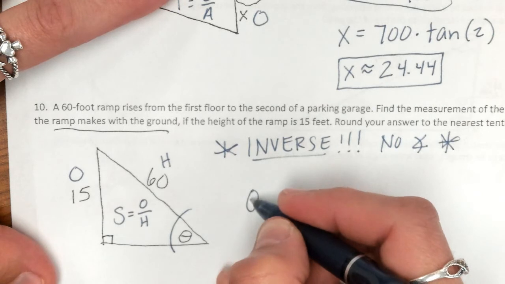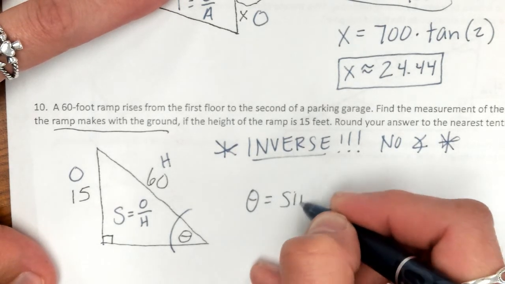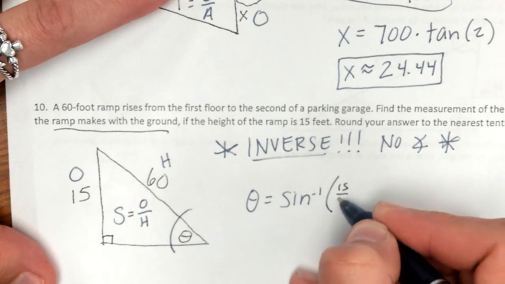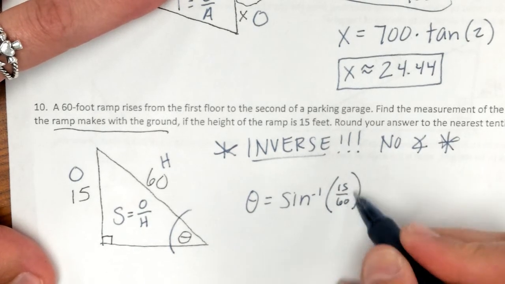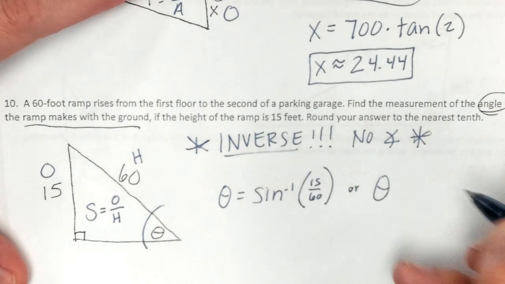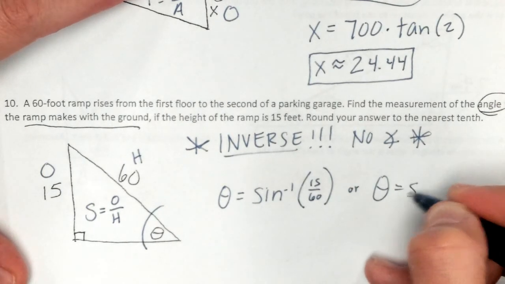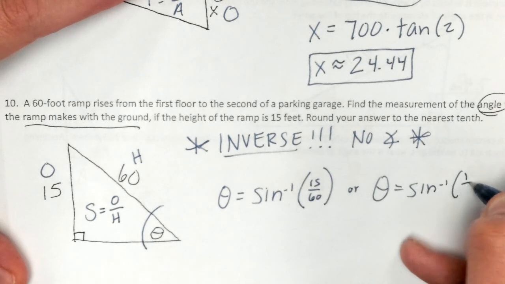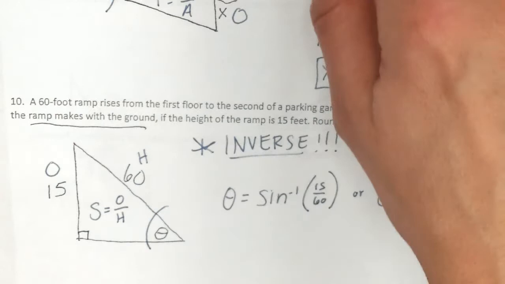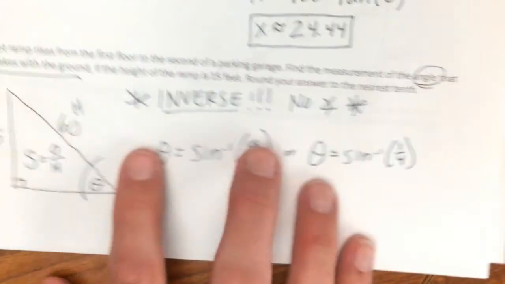So here we will say theta is equal to the inverse sine of 15 over 60. If you would like to simplify this, you'll have theta equals the inverse sine of 1 over 4. You do not need to simplify. They will come out to the exact same answer. Okay?